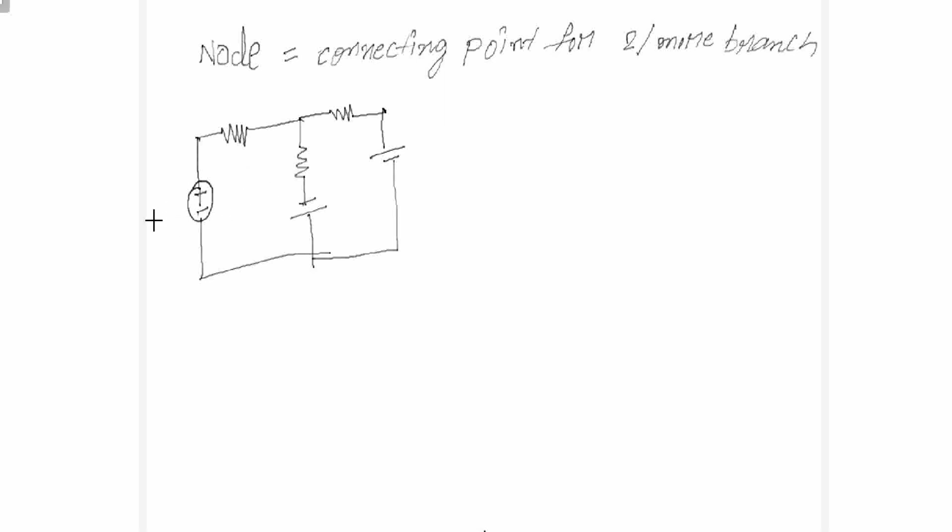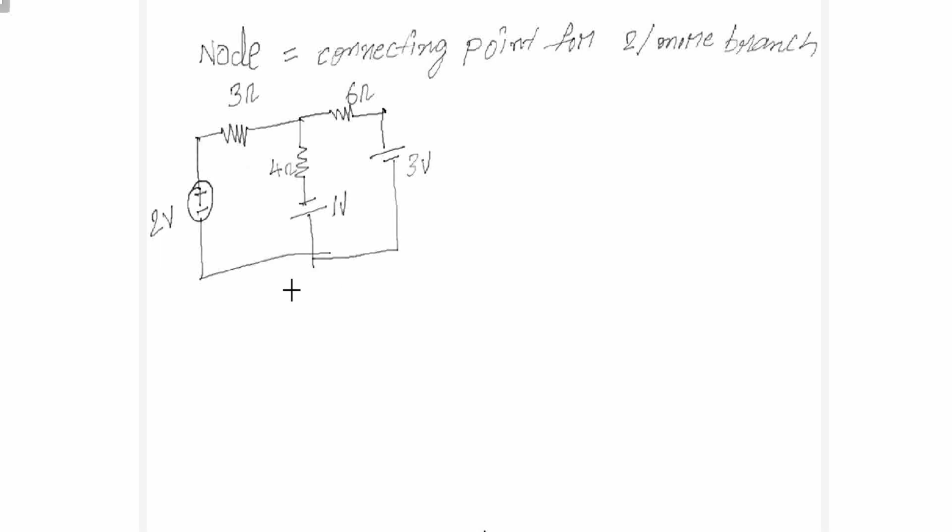Let us consider this is your 2 volts and this is your 3 ohms and this is your 4 ohms and this is 1 volt and this is 6 ohms and this is 3 ohms. Now we have to apply nodal analysis. By using the nodal analysis, we have to find node voltages.